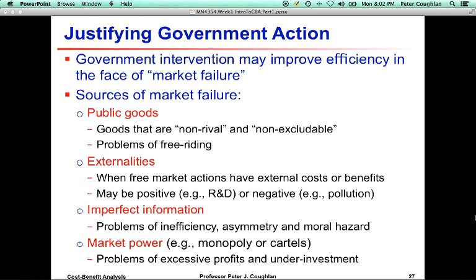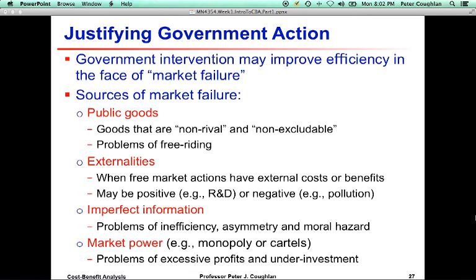I can't exclude you from consuming defense, right? A good example of a public good is national defense. The Army exists because it is a public good. So from a broader perspective, we justify the existence of the Army based on the fact that there's a market failure, because it's a public good. What do we mean by that?